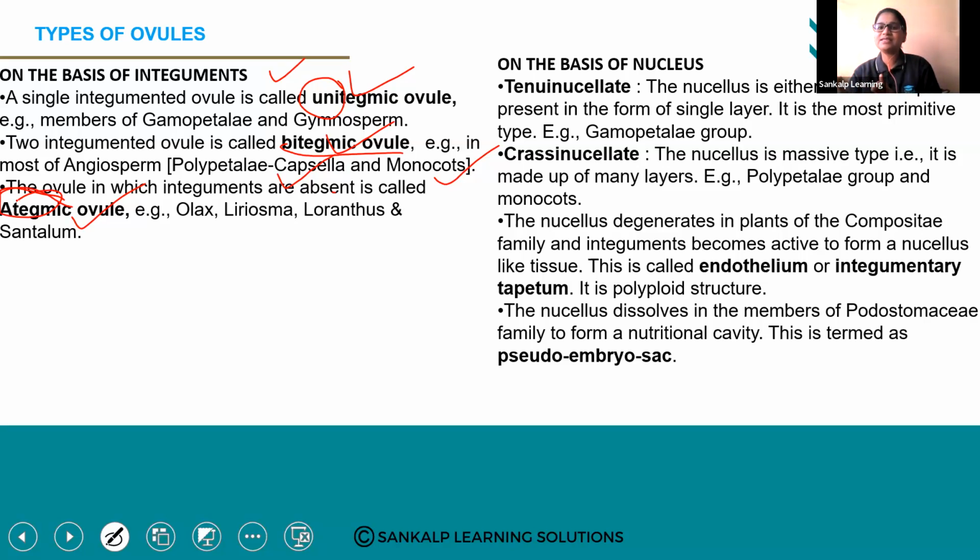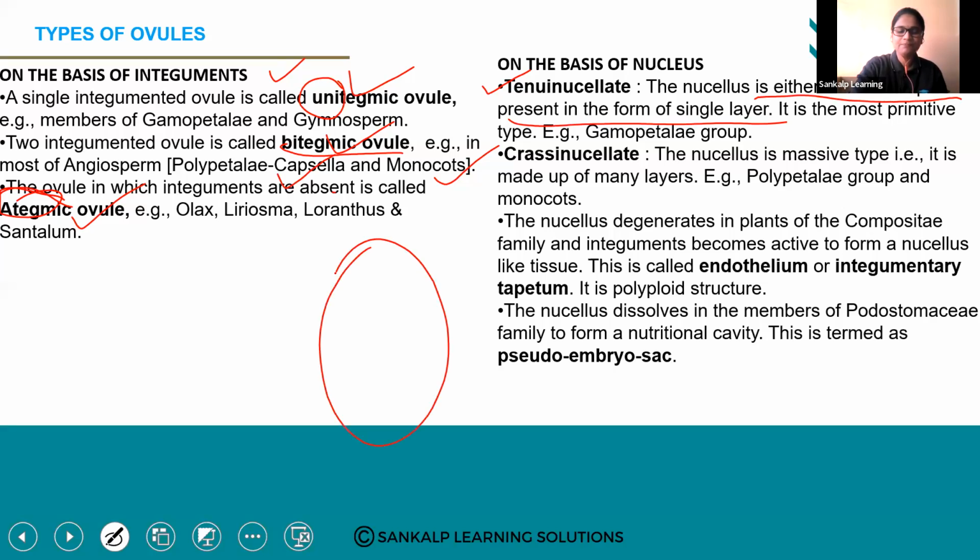Then on the basis of nucellus, the mass of tissue, the ovule is again divided into 2 types. The first one is tenuinucellate. The second one is crassinucellate. Tenuinucellate means the nucellus is either less developed or present in the form of a single layer.